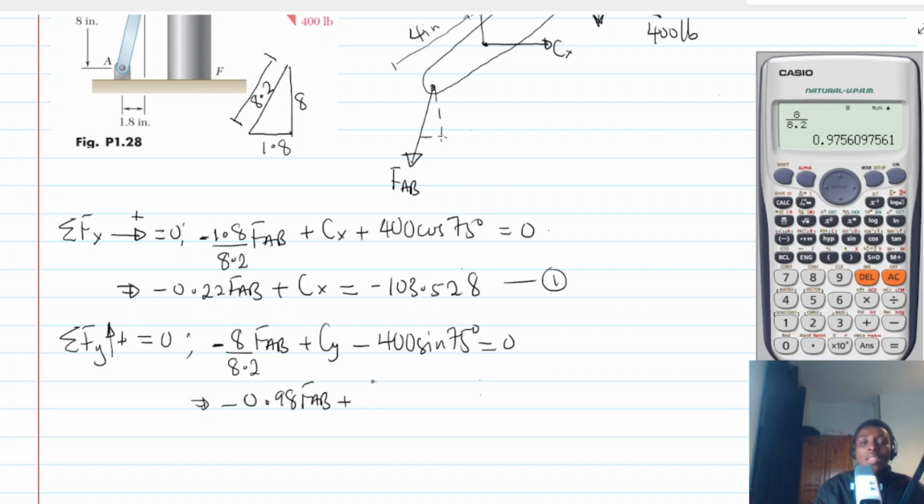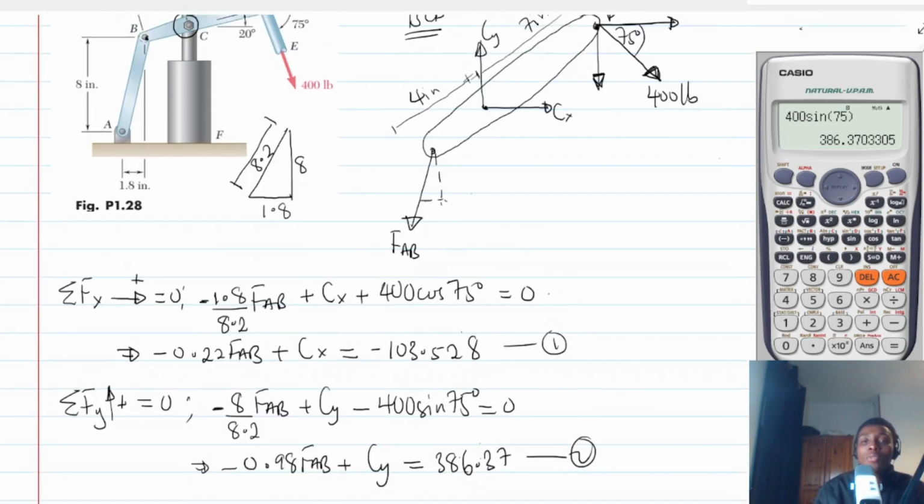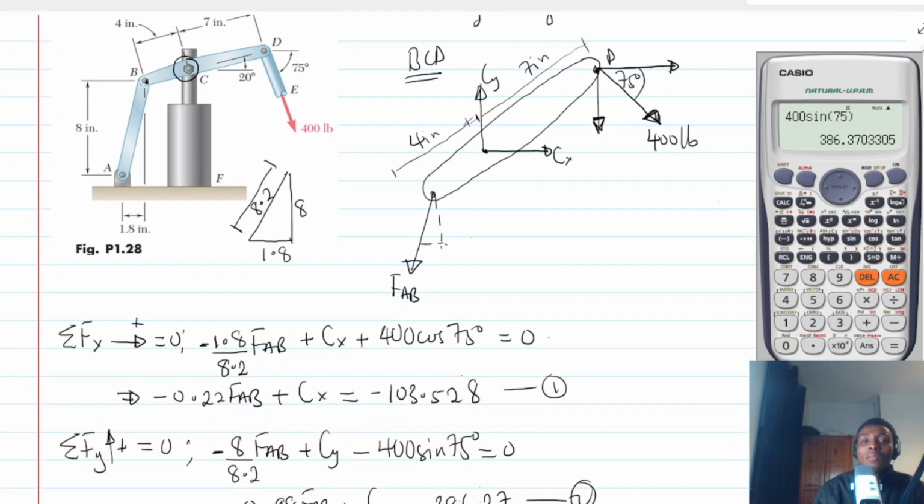FAB plus CY should be equal to 400 sine 75. 386.37, equation 2. So we have 3 unknowns and then we have 2 equations. This tells us that we need to get one more equation, which will come from moment.